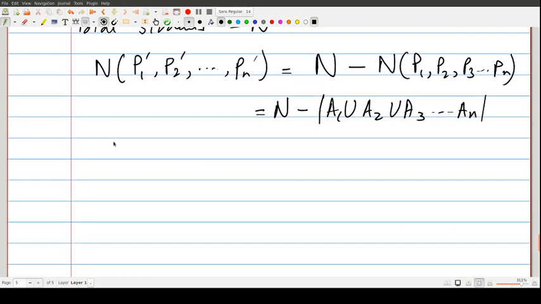And so you can rewrite this entire equality as n, the students who've not completed any courses yet, are the total number of students minus, now I can expand this, right? I use the inclusion-exclusion principle.